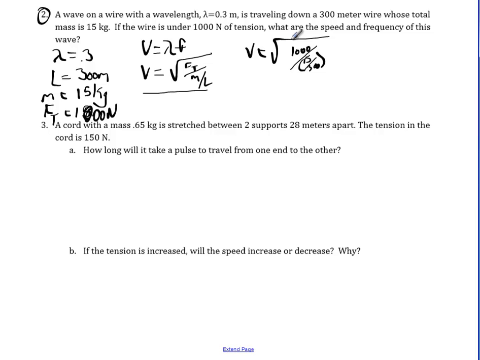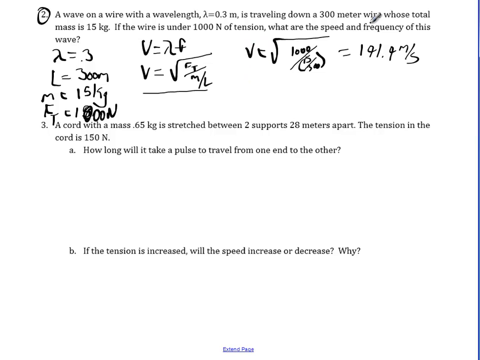So 1,000 divided by, in parentheses, 15 divided by 300. I get like 20,000. But then I square root that, and it's 141.4 meters per second, which is still fairly quick, but it's not near 20,000.